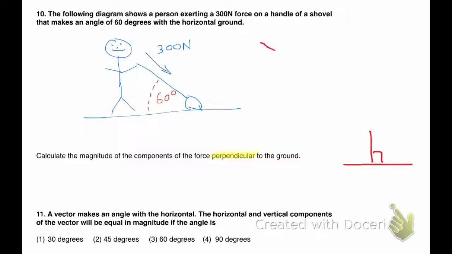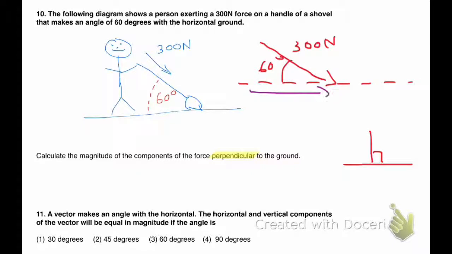Well, if we draw a figure, which is a 300 Newton force vector on the ground with a 60-degree angle, we know, I'll put in a different color, that the 2 components are f of x and f of y. In our case, we are only dealing with the perpendicular component, which is f of y.